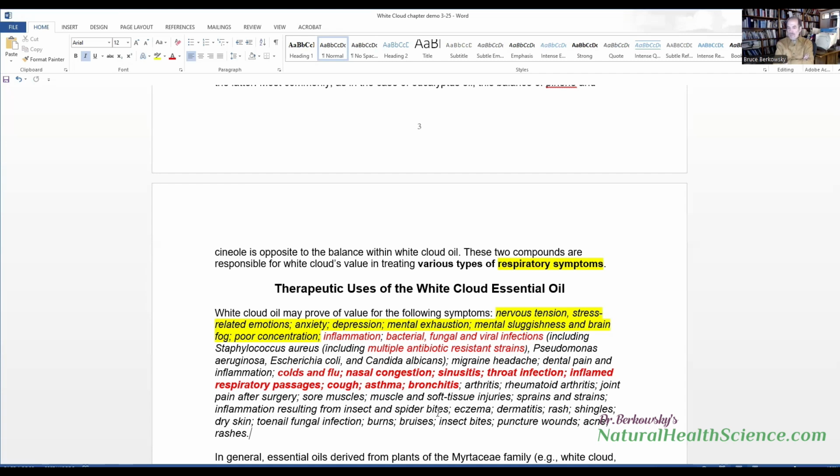So if we say, well, which reaction areas is white cloud specific for? One of the major ones is going to be the respiratory system. The lungs and respiratory system is one of its major reaction areas where the oil will react.